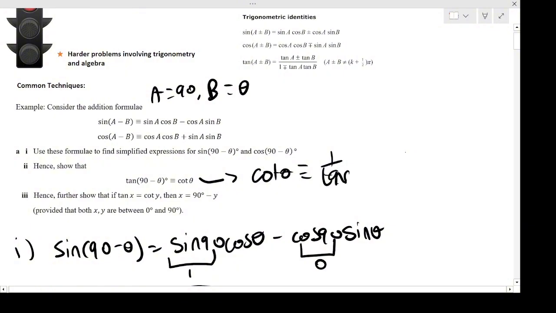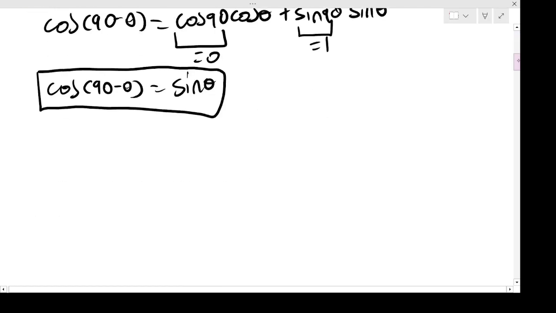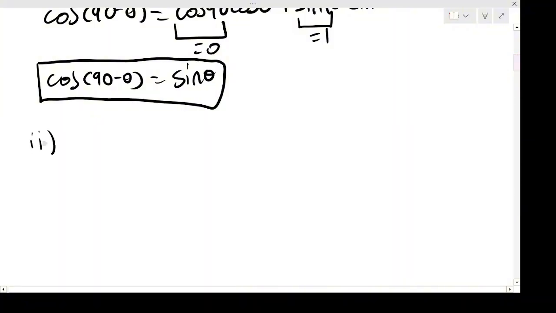Now it wants me to show that tan 90 minus theta goes to that. But we have sine and cos of 90 take away theta. Well, hang on, how are we going to get tan? Hopefully you're thinking we can use the identity that tan is sine over cos.